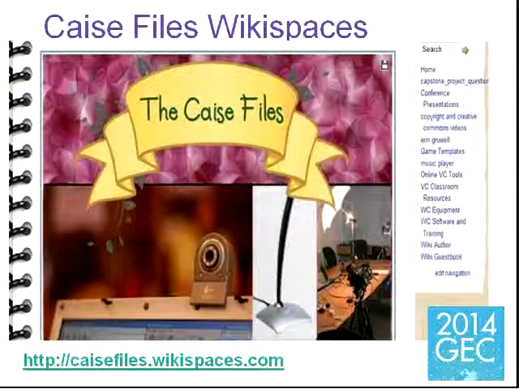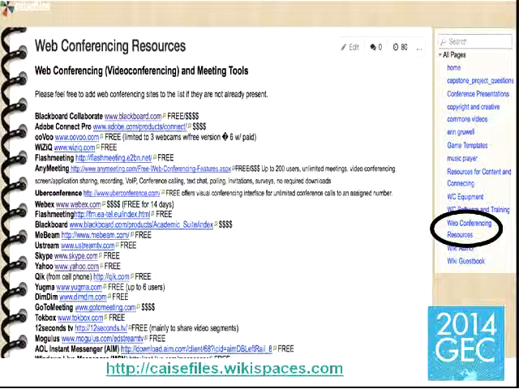This is the wiki that I was referring to that has a lot of the resources that I've referred to. Case files, wikispaces.com. If you look on the right-hand side, these are the different things that are offered.